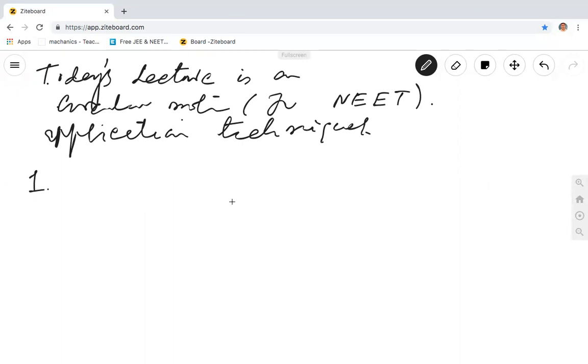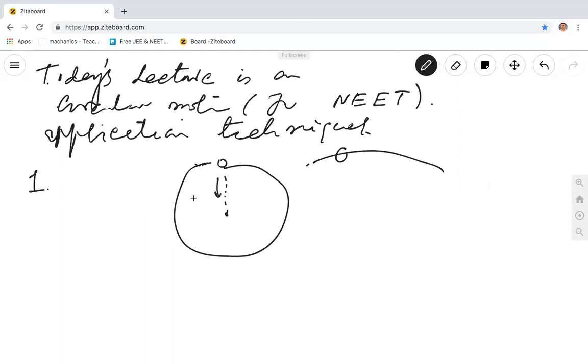See, the important point in circular motion is that when a body or a particle moves in a circle, or in a part of a circle, you must know there is a force towards the center, and that force is mv square by r.